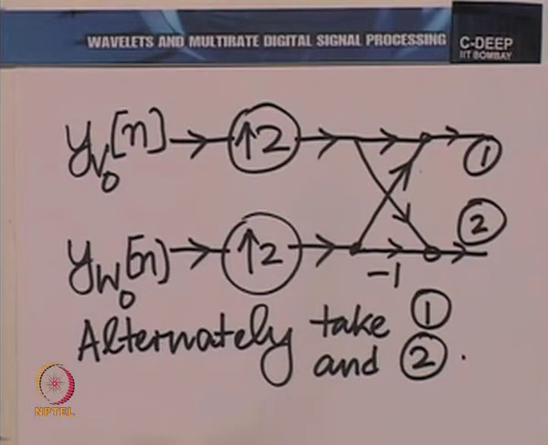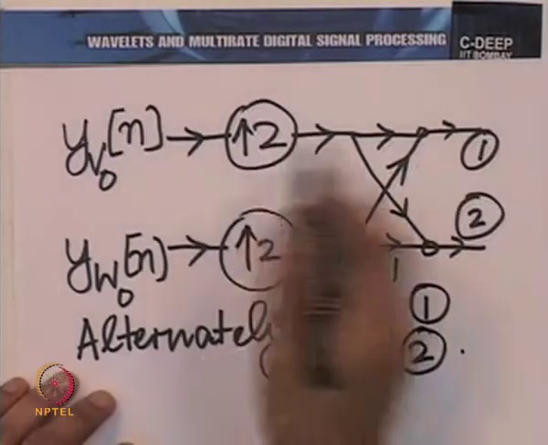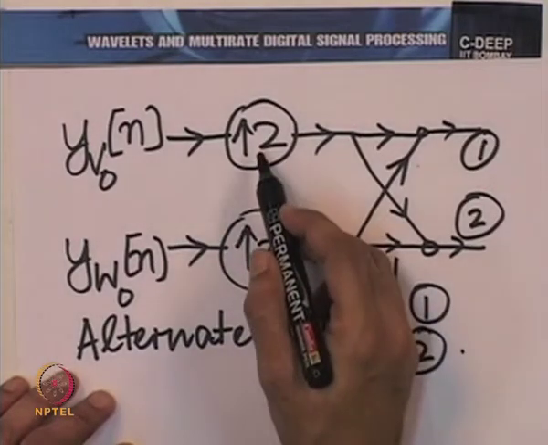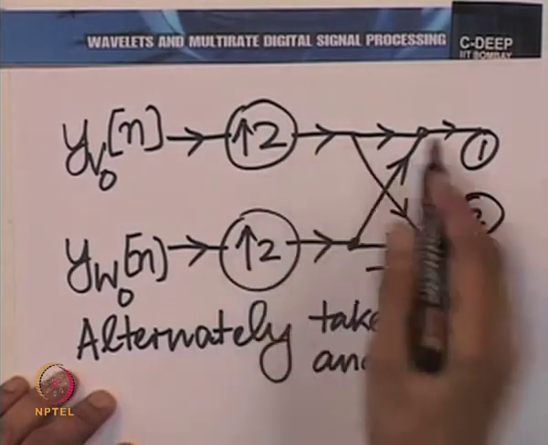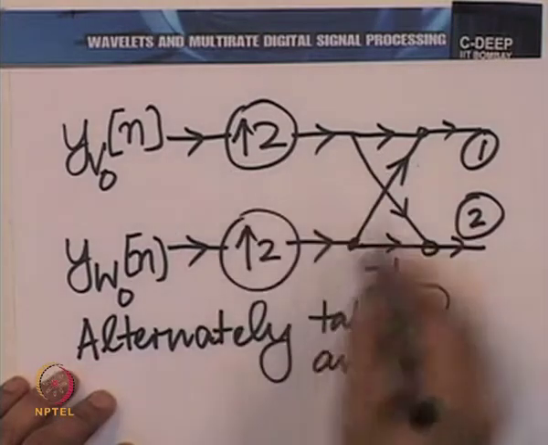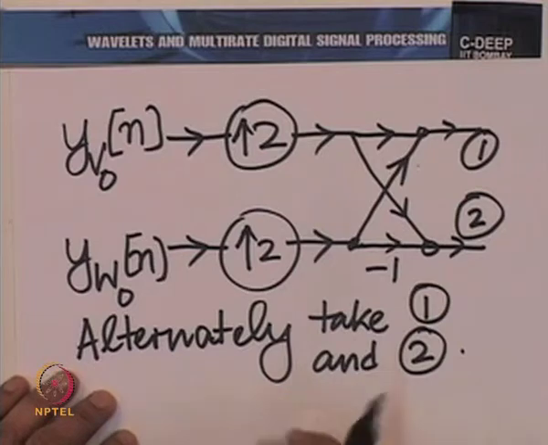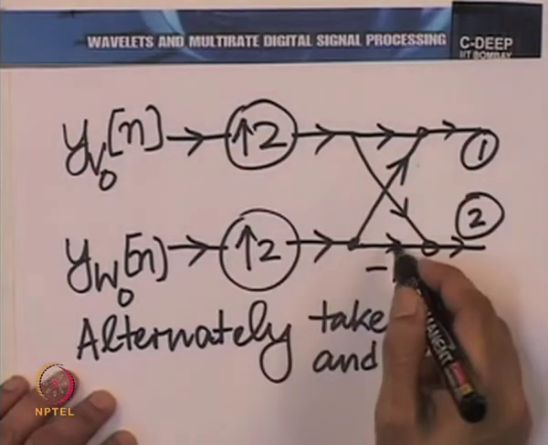Well, that is easy. Actually, if we notice, this upsampling operator can commute with this. So, it does not matter if you first upsample and then add and subtract, or if you first add and subtract and then upsample. In fact, we would find it convenient to add and subtract and then upsample. So, let us replace this.